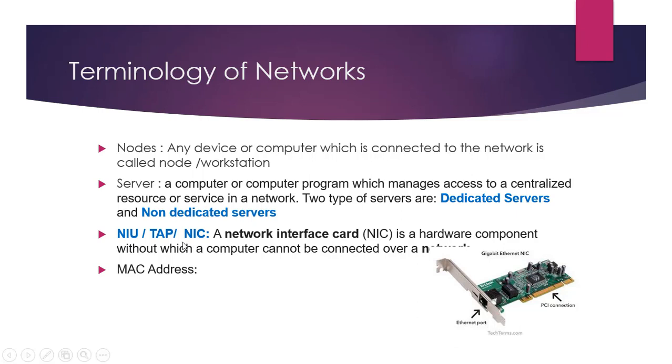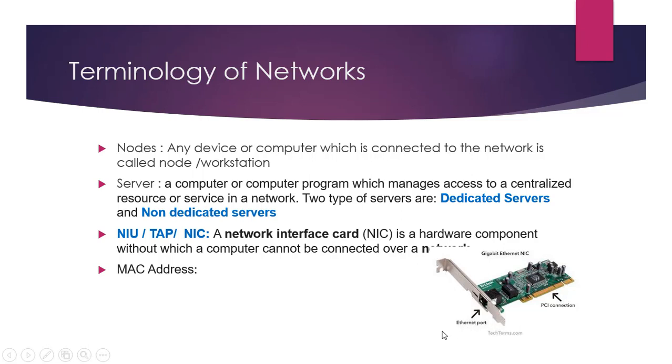Now, coming to the next point, that is called network interface unit or terminal access point or network interface card. So these all three are the same. A network interface card is a hardware component without which a computer cannot connect over a network. So basically it provides you a port, an Ethernet port.